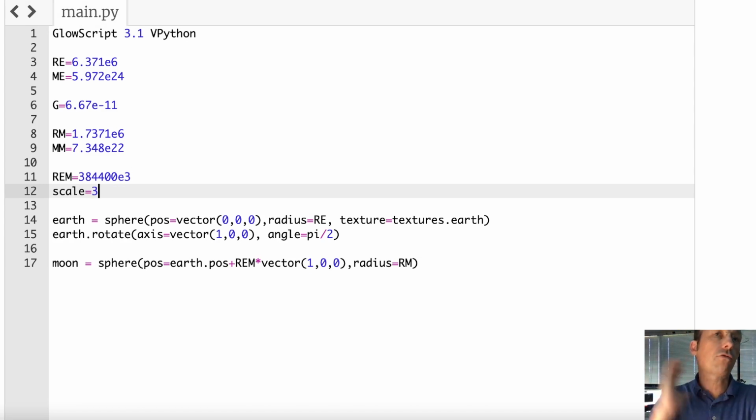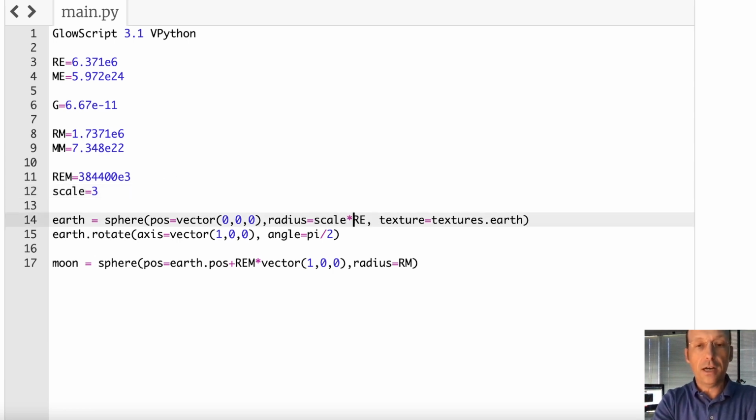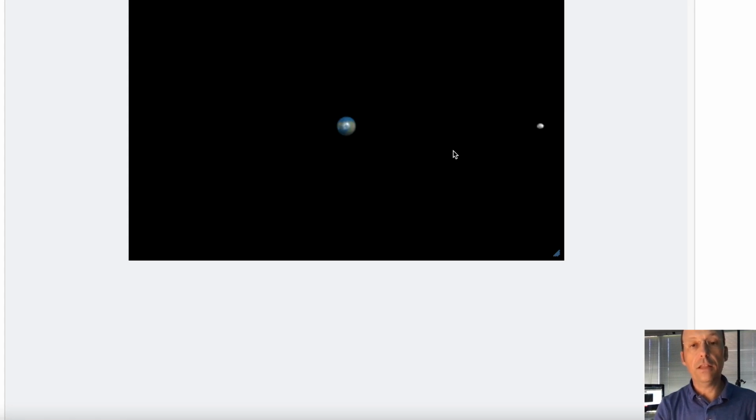I'm going to make both of them 3 times as big as they should be. So for the radius, I'm going to say scale times. Okay, all the textbooks do this. All the animations do this. No one represents this realistically because it looks terrible. So I'm going to do that too.